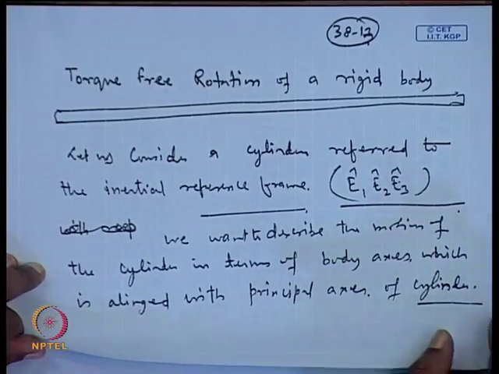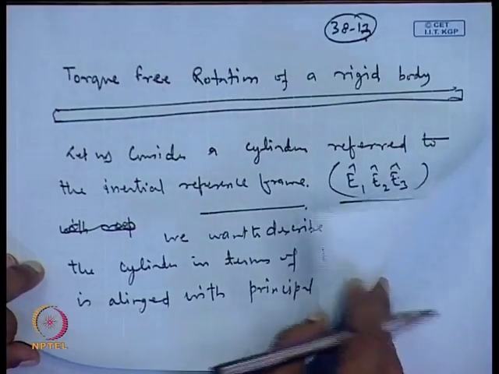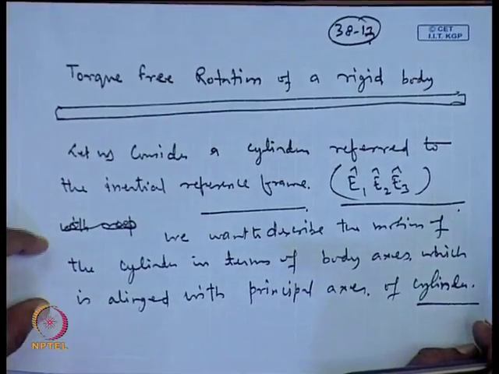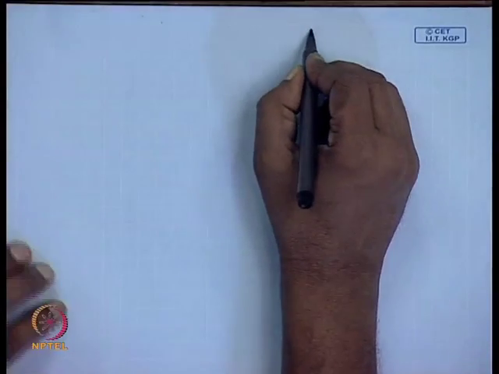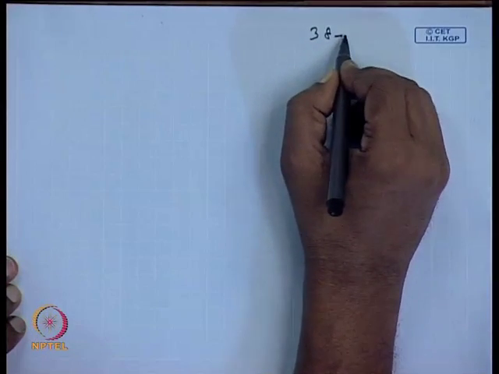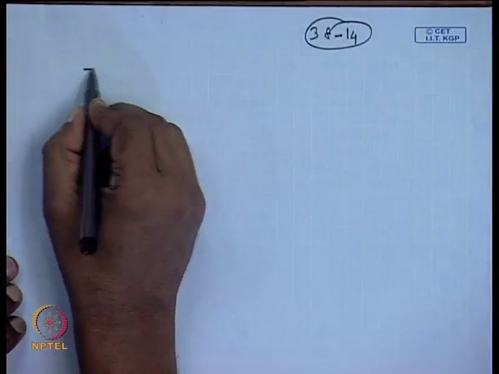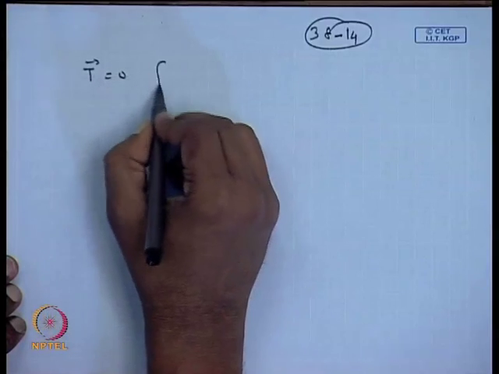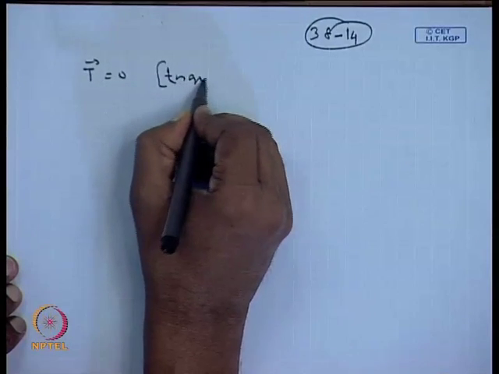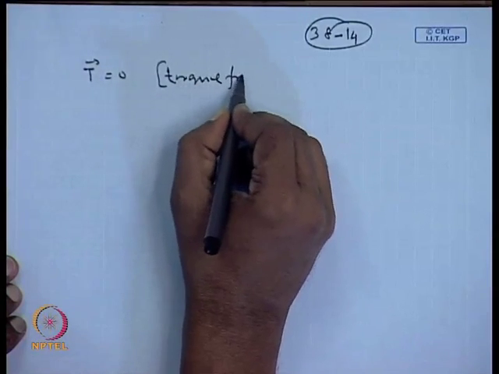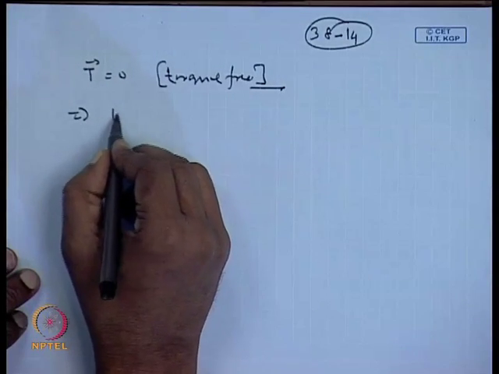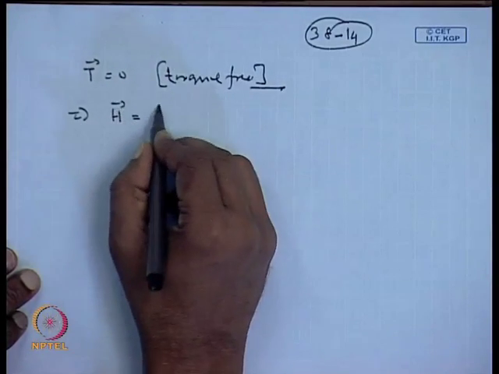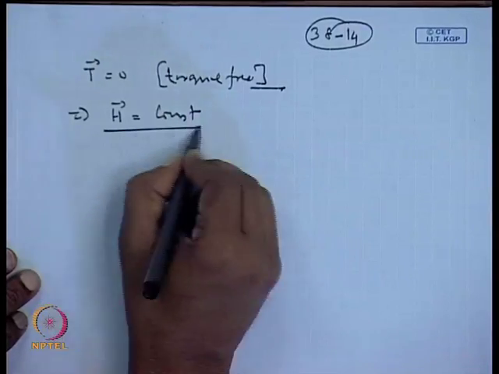So, in that situation you describe the motion of the body. The assumption here is that it is torque free, that is T equal to 0. So, this simply implies that the angular momentum of the body H will be a constant.